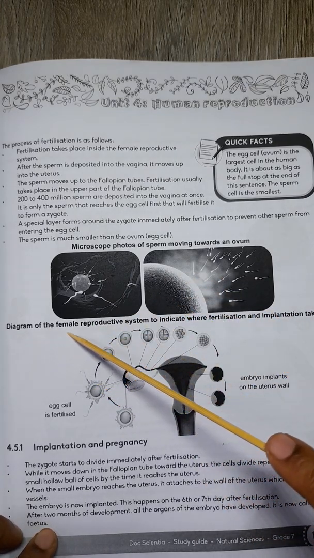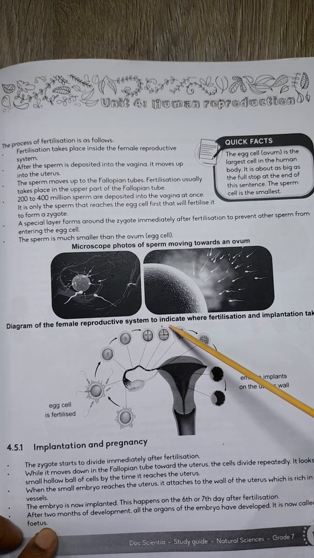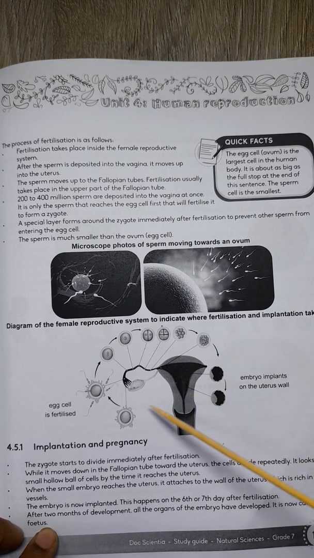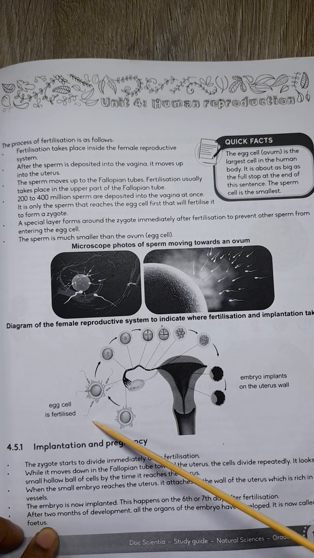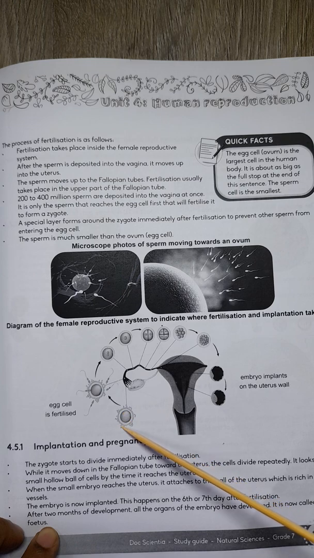And here we have the diagram of the female reproductive system to indicate where fertilization and implantation take place. We will learn more about implantation. Okay, don't worry. So let's start. Where do we start? I think we start from this side. We have the egg here. Am I right?